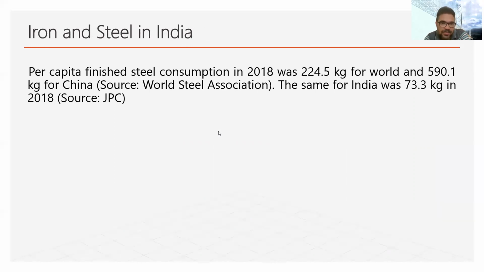I mean per person, only 73 kg of steel is being consumed. While in case of China, 224.5 kg of steel is being consumed per person. So technically we are way behind in the full exploitation of steel production. So let us see, this will improve in the upcoming years.